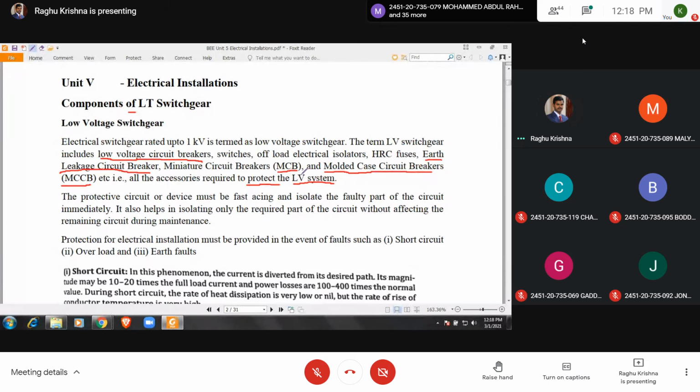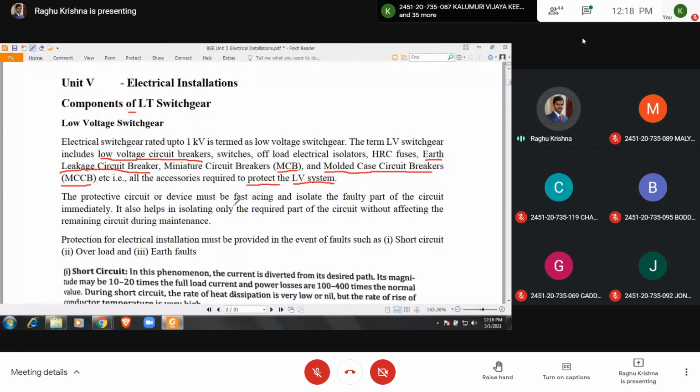In industry also you can have MCB, MCCB. In our electrical machines lab also, you can see MCB and MCCB.